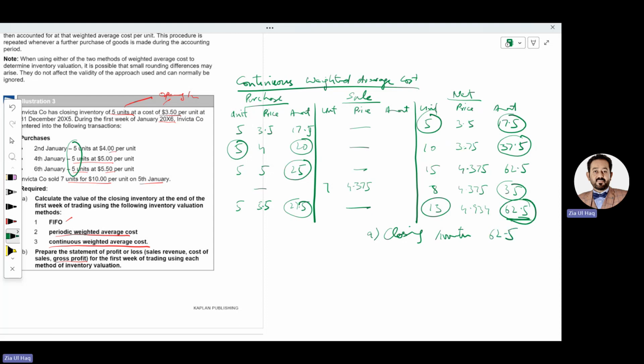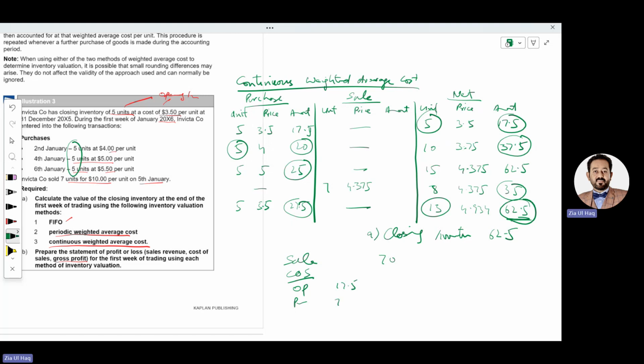62.5. And you can calculate GP. Sale is 70. Cost of sale, you are having opening inventory of what? 17.5. Purchases you have made during the year of how much? That we have calculated previously, 72.5.